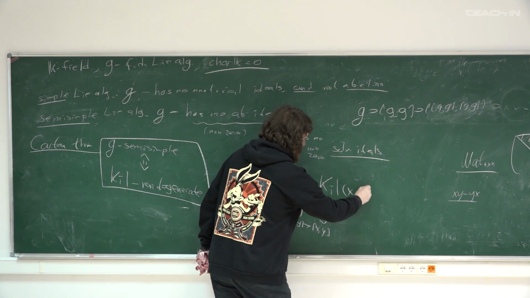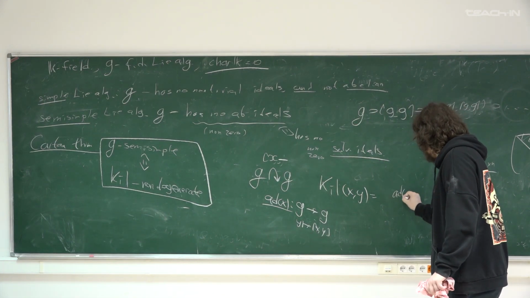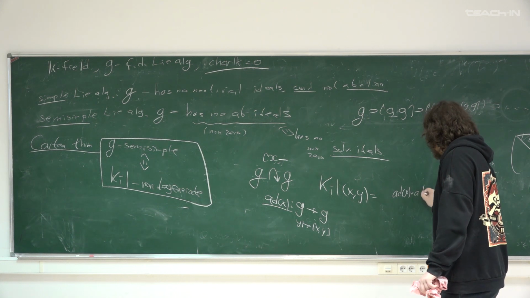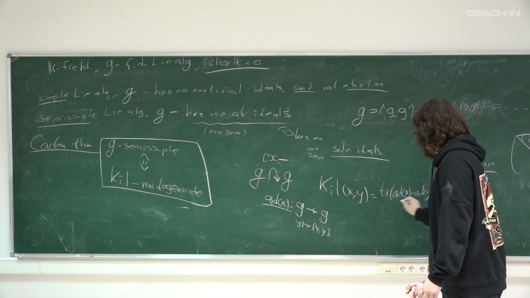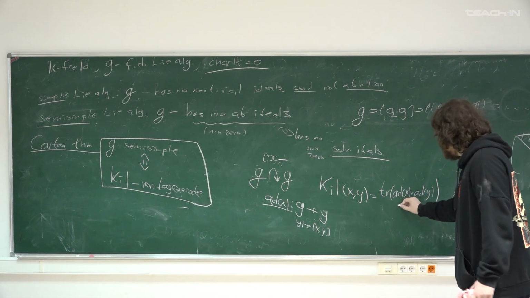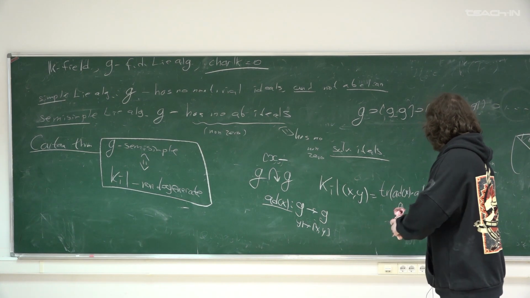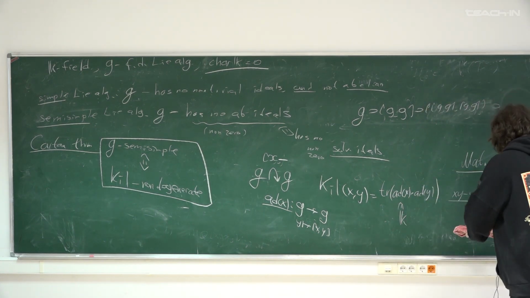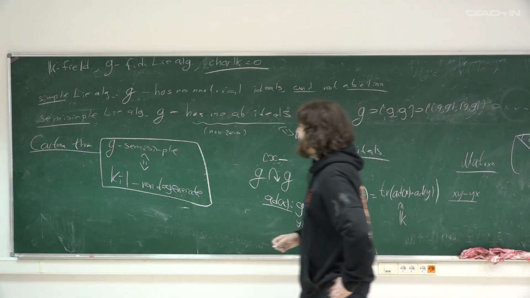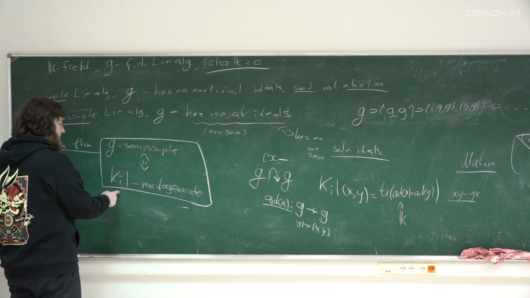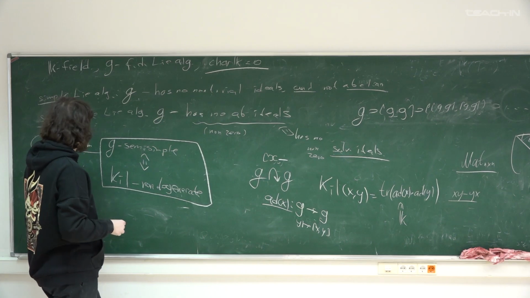The Killing form of x and y is just the trace of the composition of the two operators, ad x and ad y, on G. It's some scalar. It's a symmetric bilinear form. It can be degenerate or non-degenerate. And so Cartan's theorem says that this Killing form is non-degenerate if and only if G is semisimple.